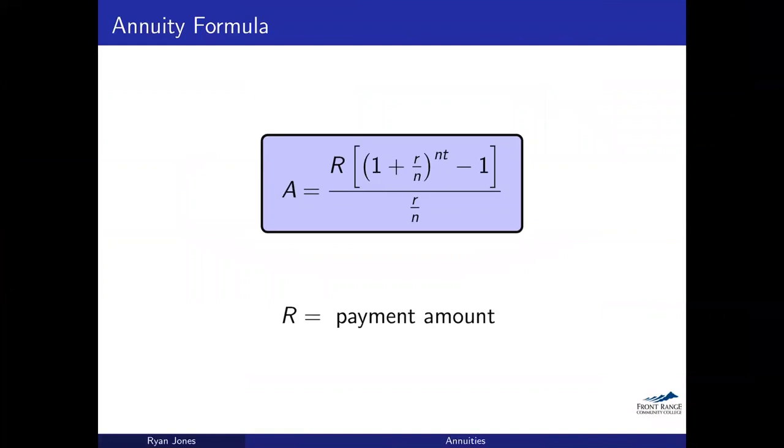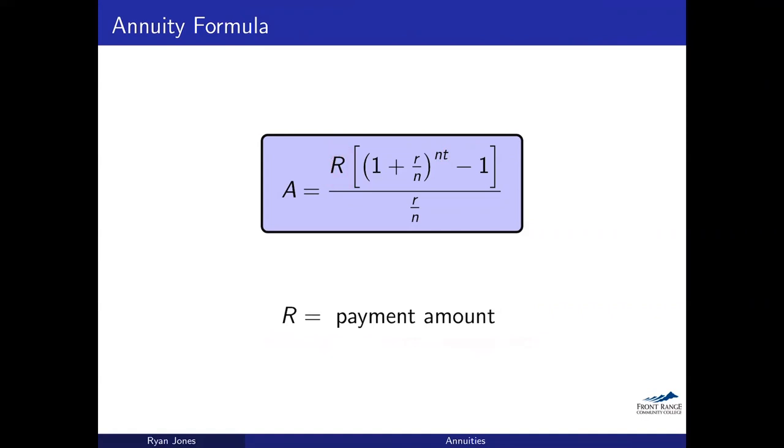There are a lot of variables to plug in here, but the good thing is that we've actually seen all of these variables before. We've got lowercase r as the interest rate, n is the compounding rate, that's how often we're paying into the annuity, t is time in years, and then this capital R, we've seen that once before.